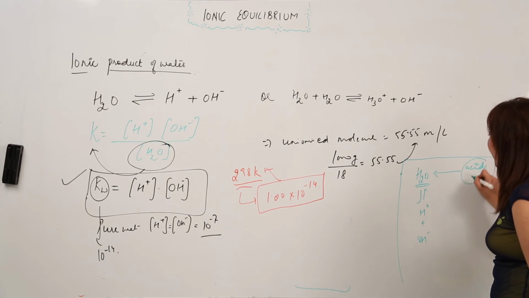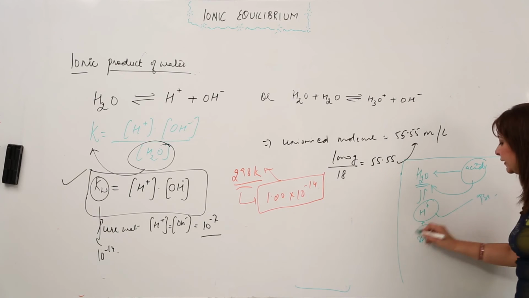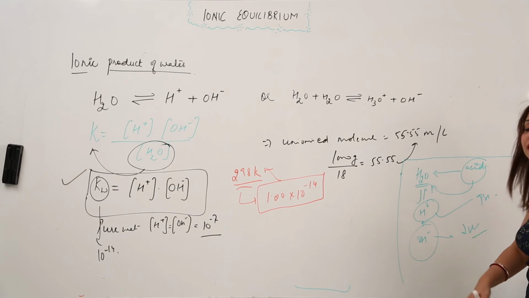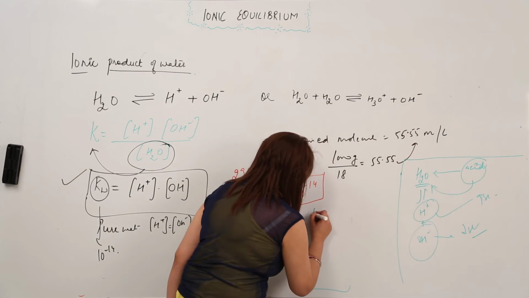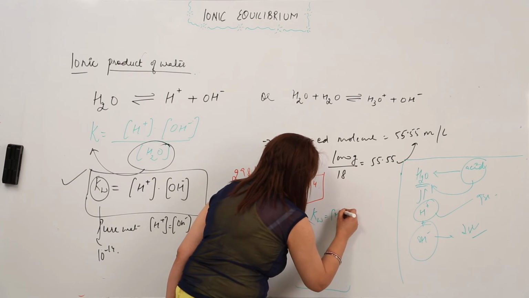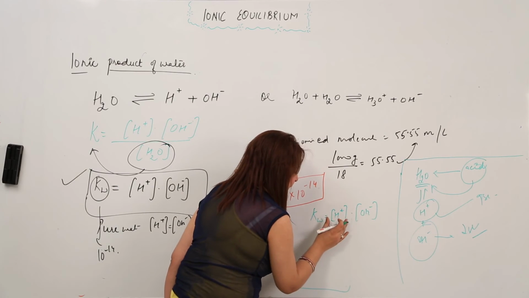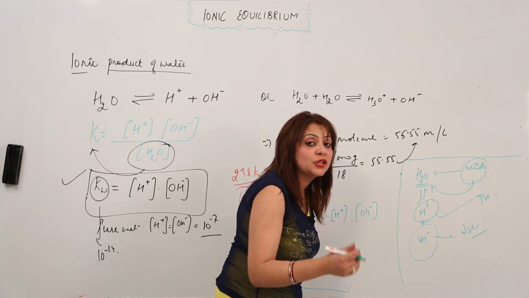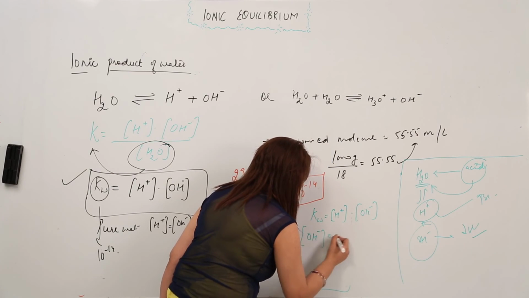When I add acid to this water, the hydrogen ion concentration is going to increase and the hydroxide ion concentration is going to decrease. How can I know the decrease in the concentration of hydroxide ion? By the expression: this hydrogen ion concentration has risen because I have just added an acid, so the concentration of hydroxide can be known from this expression.